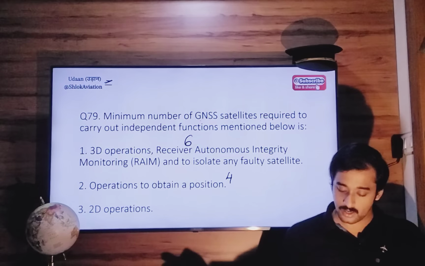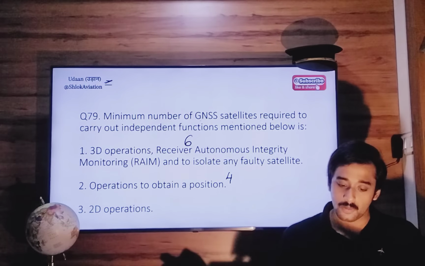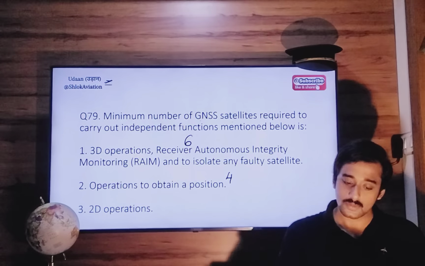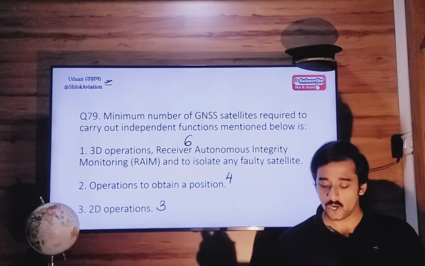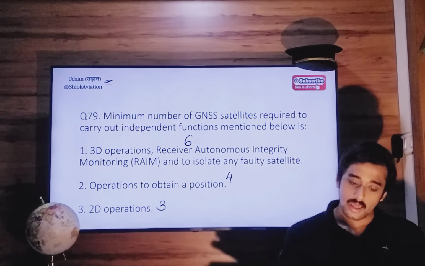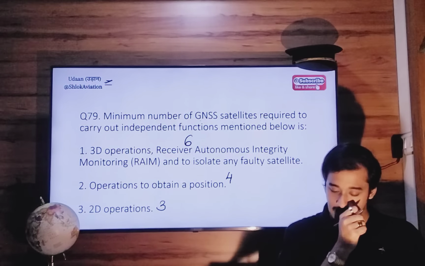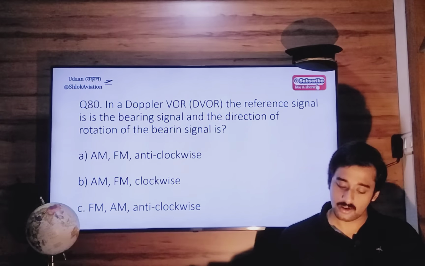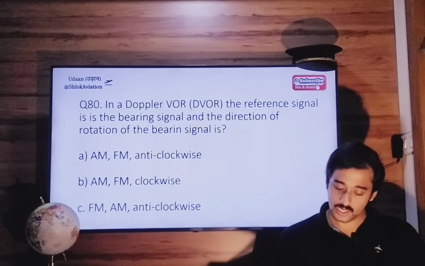If you want to carry out 2D operations, you will require 3 satellites. So 3D operations 6, operations to obtain a position 4, and for 2D operations you require 3 satellites.